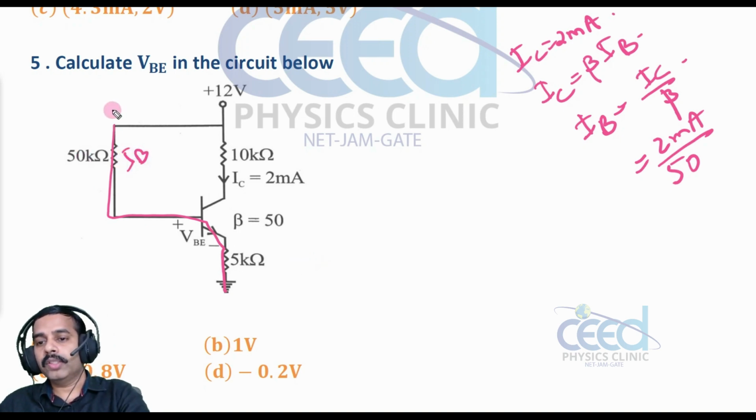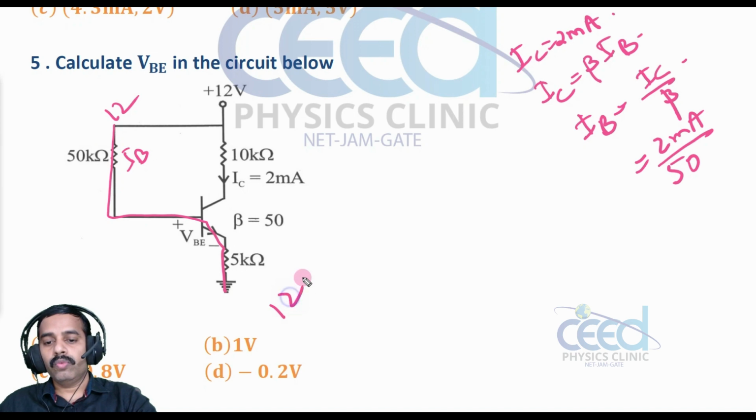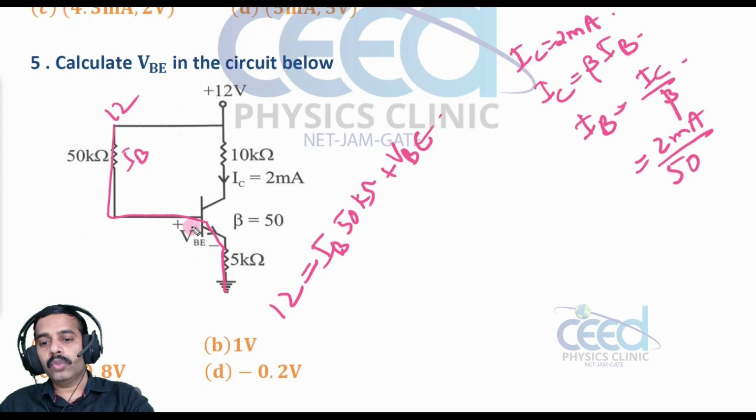So this 12 volt is equal to, first equation, IB into 50 kilo ohm plus VBE. VBE we need to solve, right? Plus here IERE, right?